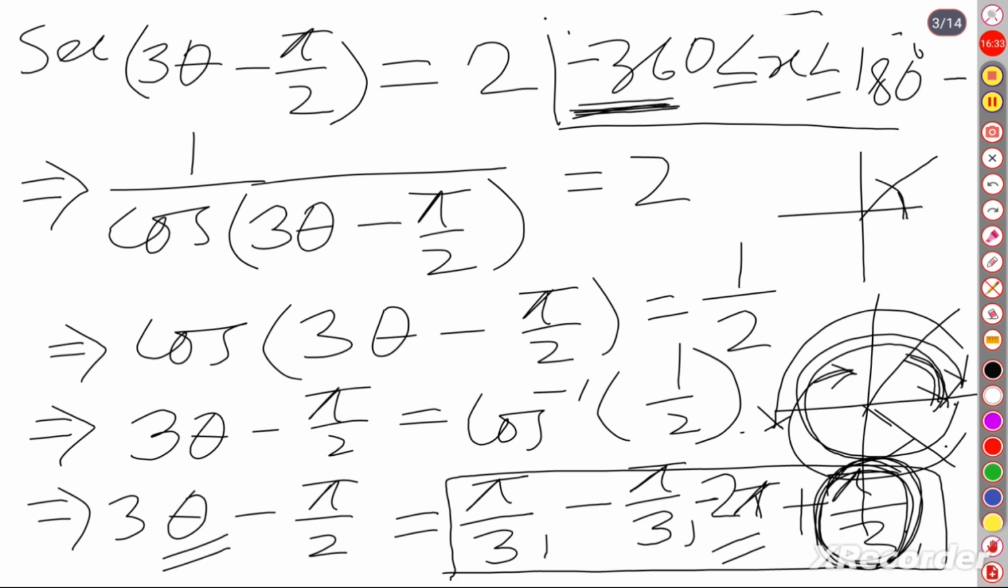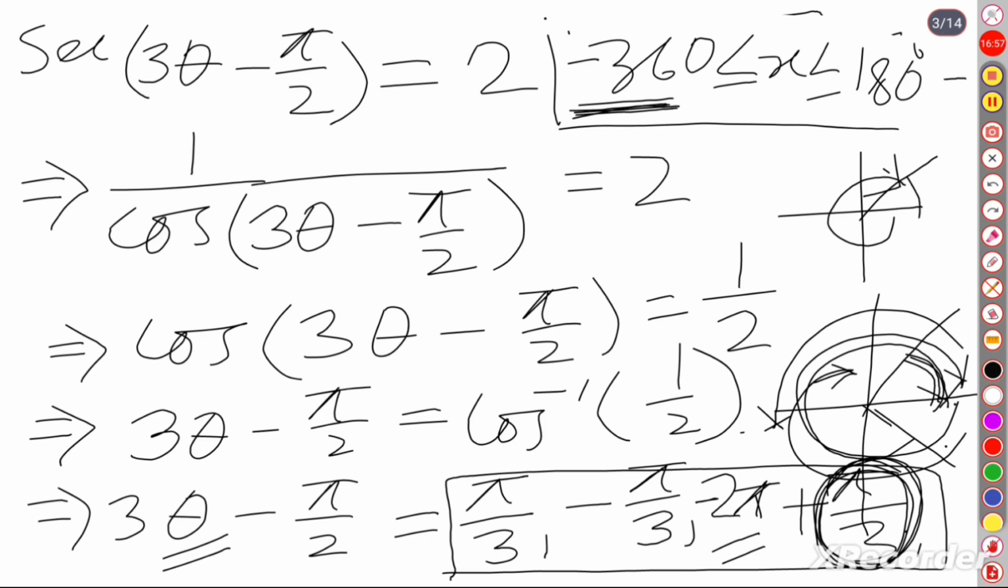Now for this one we require a total of 360. From 360 we require this angle, not the whole of this; our angle is actually this one. So this one will be from 360.